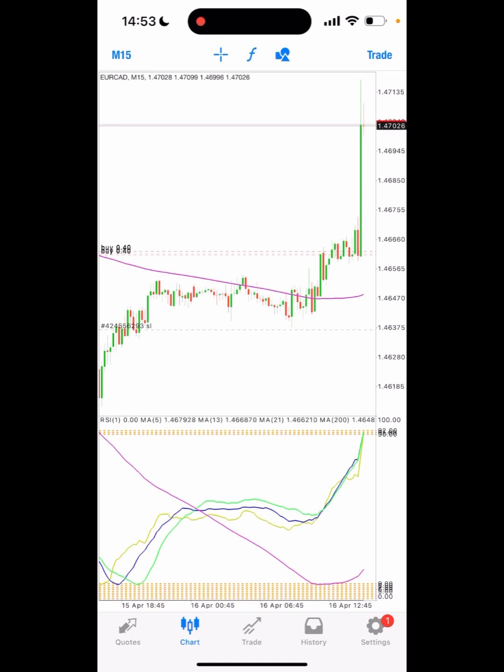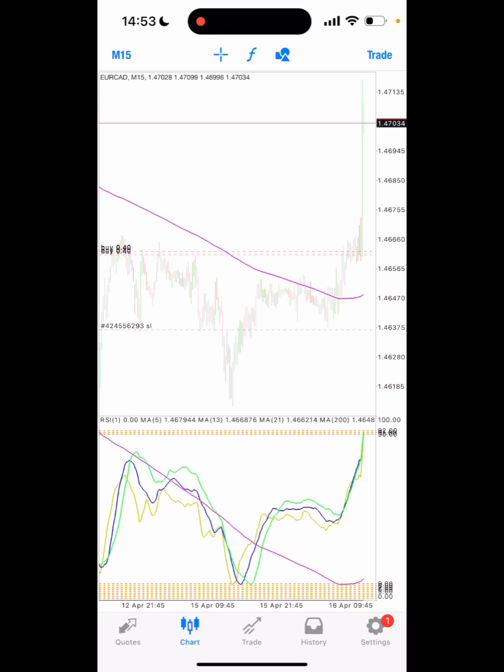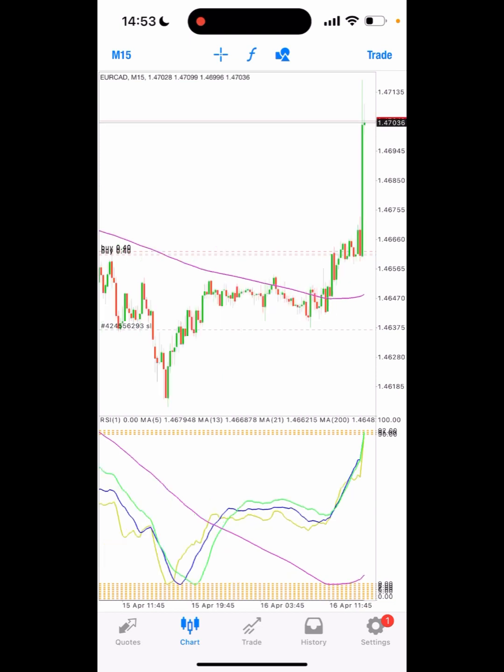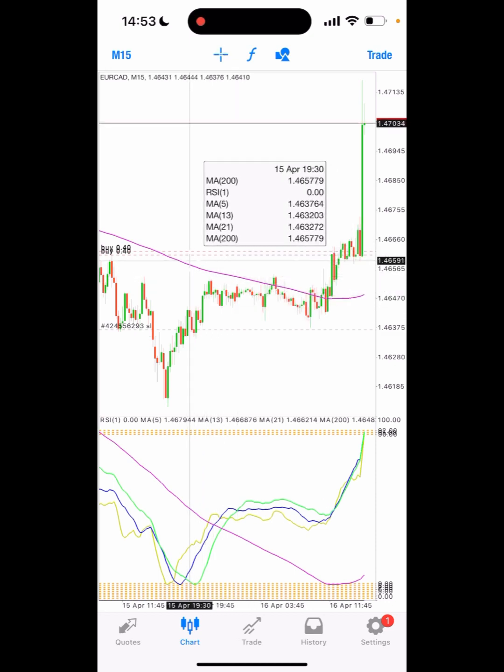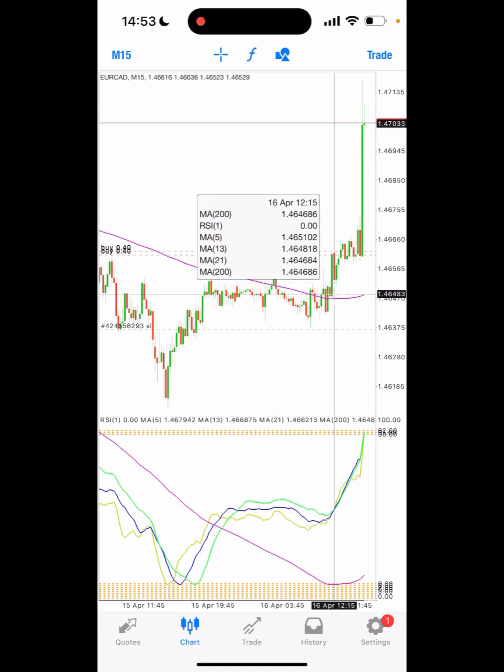The video I just dropped, before the moment that I was taking this trade, I showed you guys everything on how we're going to make money from EuroCAD, and this is the same thing that happened, because the market had already broken out of the trend line right here.